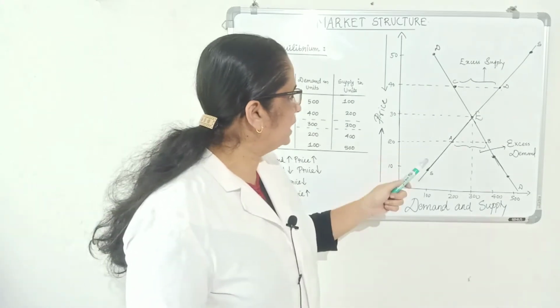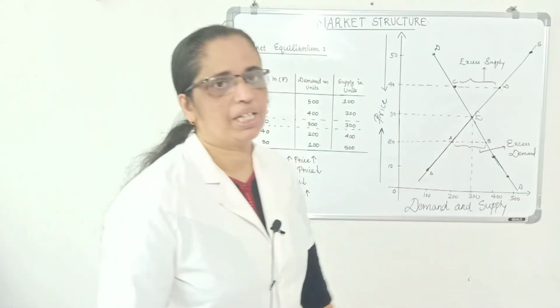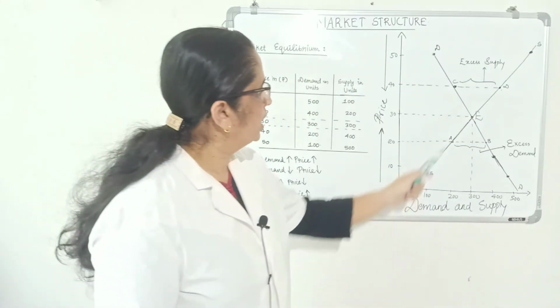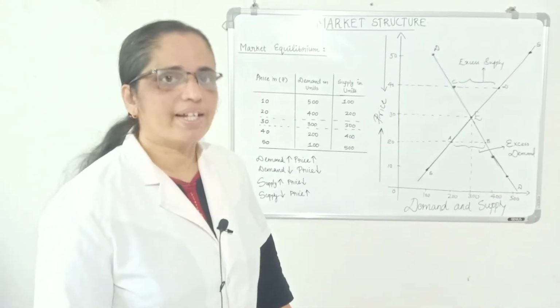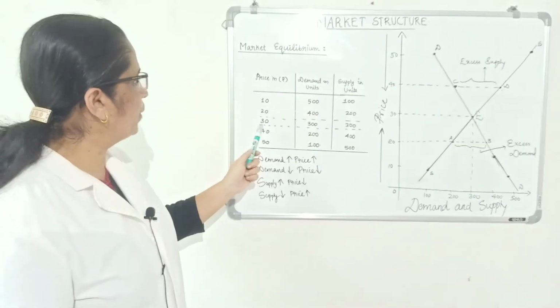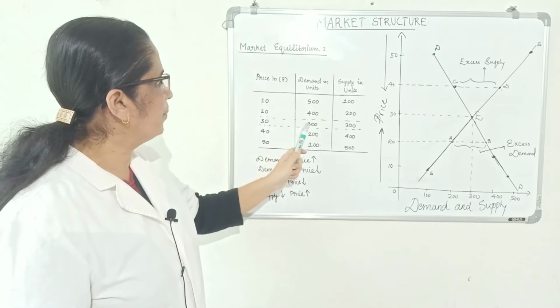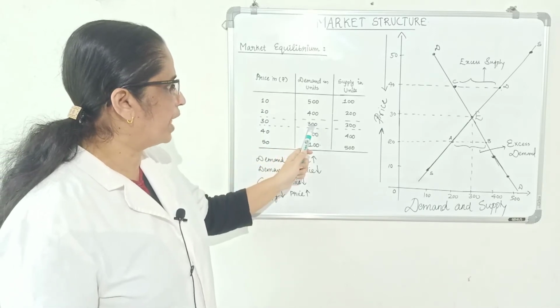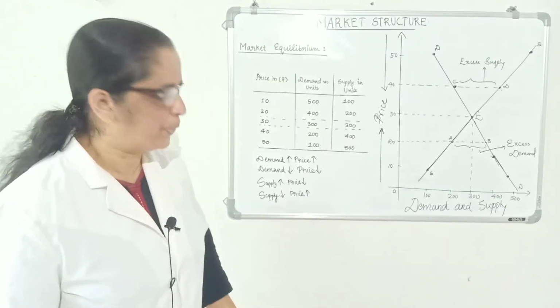So, here you can see at this point E, that is the point of equilibrium, demand is equal to supply. That is the intersection point of demand and supply. From the schedule you can see at price rupees 30, demand is equal to 300 units, supply is equal to 300 units.